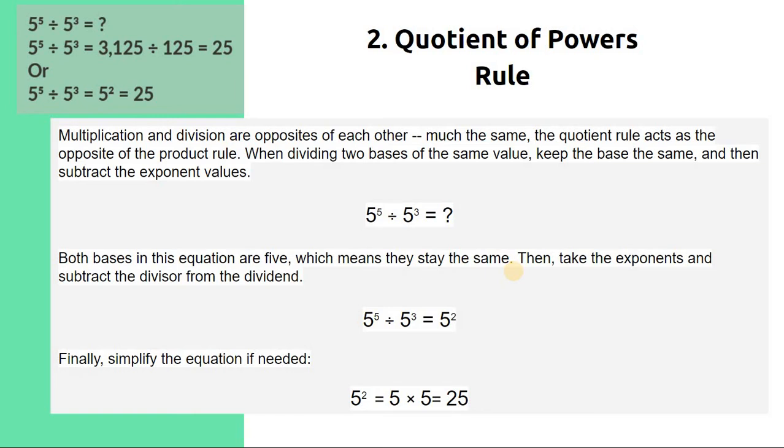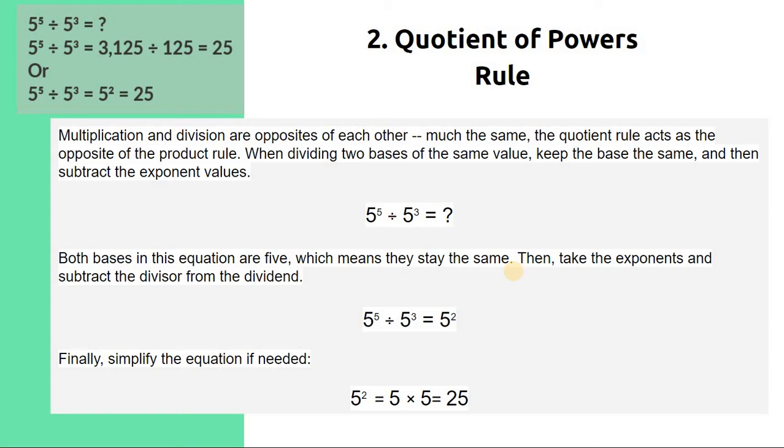Now, let's proceed to number 2, what we call the quotient of powers rule. Multiplication and division are opposites of each other. Much the same, the quotient rule acts as the opposite of the product rule. It is the opposite because when you say quotient, it is the result of division, while product is, again, a result of multiplication.